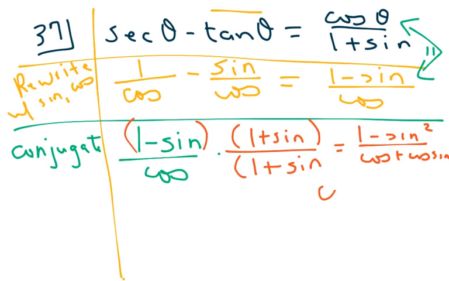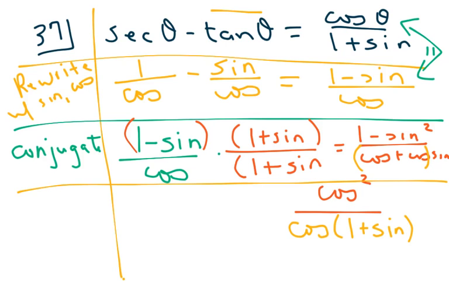So that leaves us cosine squared over, and I'm going to pull out the cosine, so cosine times 1 plus sine.